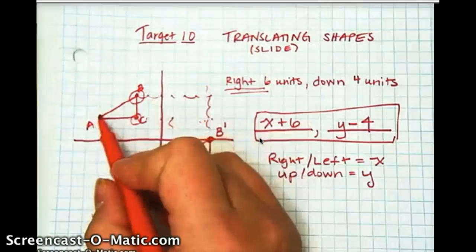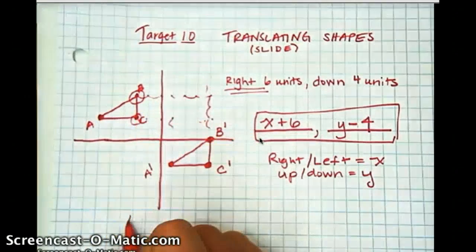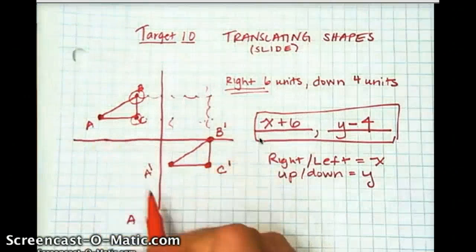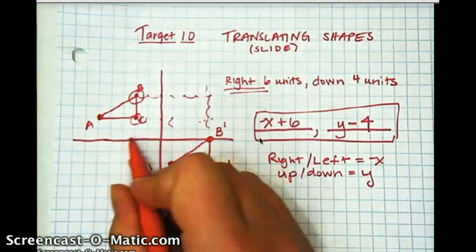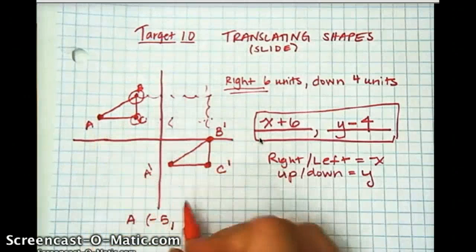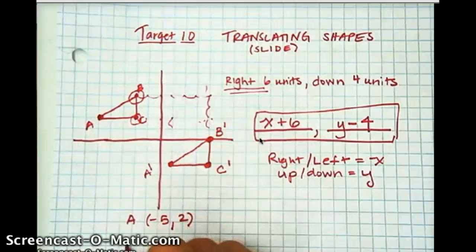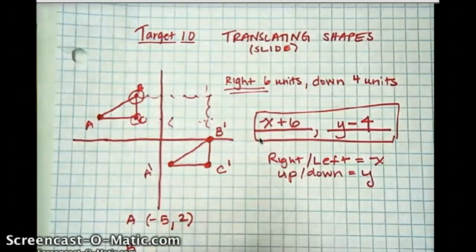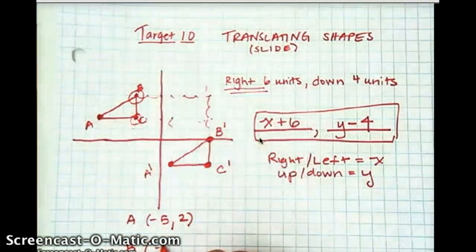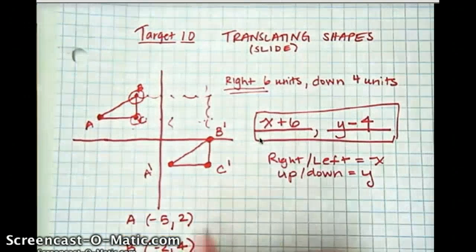Well, let's look at what these points actually were. Our initial A was point negative 5, comma, positive 2. Our initial B was negative 2, comma, 4.